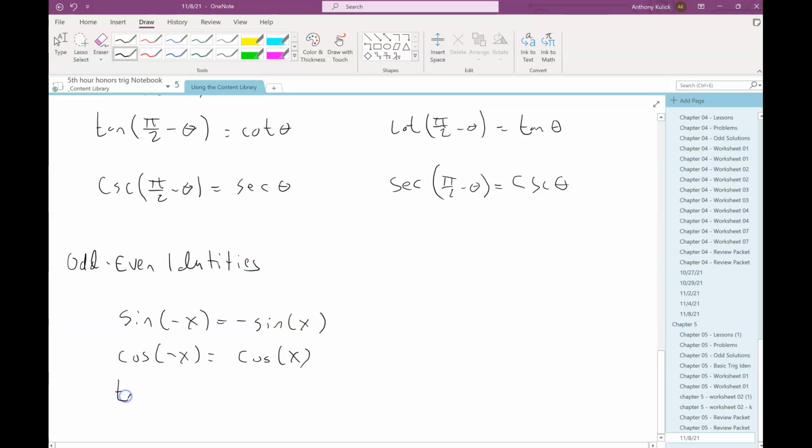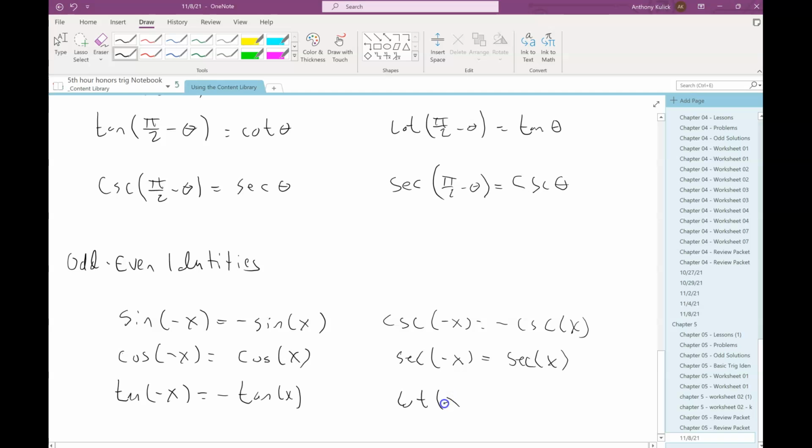We noted tangent was an odd function, so f of negative x has to equal negative f of x. And then obviously the reciprocals had to be the same, right? So cosecant was an odd function, secant was an even function, and cotangent also an odd function.